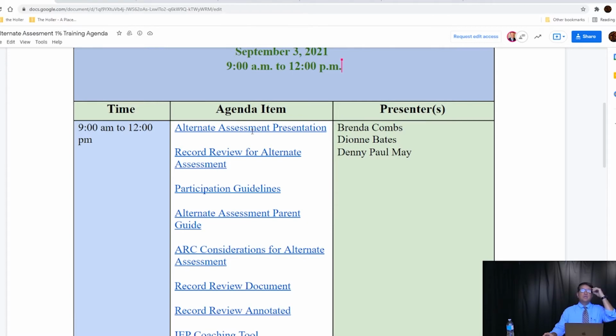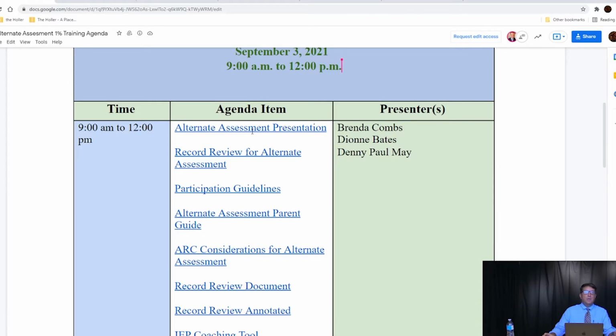The presentation is going to give us some information. The record review is going to be a guide or some type of assistance for us so that we can know what we're running through. And then your ARC considerations for alternate assessment down there is a guide as well. And then that record review would be like a scoring guide, if you will.